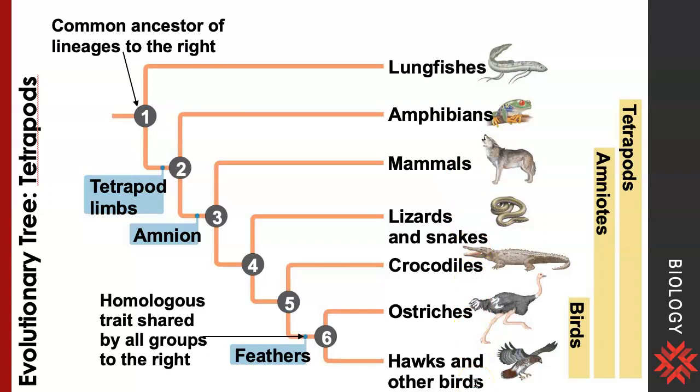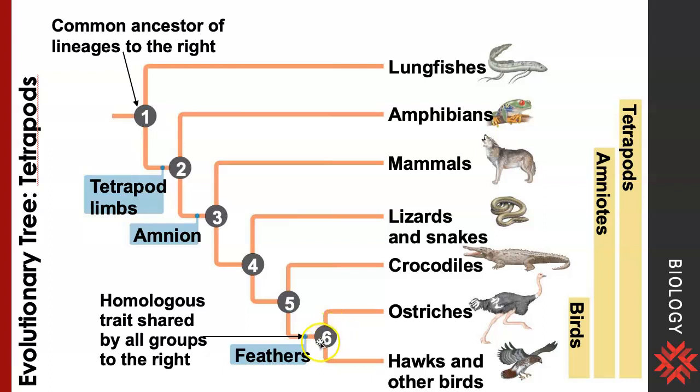You can look at this evolutionary tree and determine which two species are the most closely related. So let's take a look at how you can read this tree. Each of these numbers here are called the nodes, and the nodes are when you started with one branch and it broke off into two different branches. At each one of those nodes, there is a common ancestor.